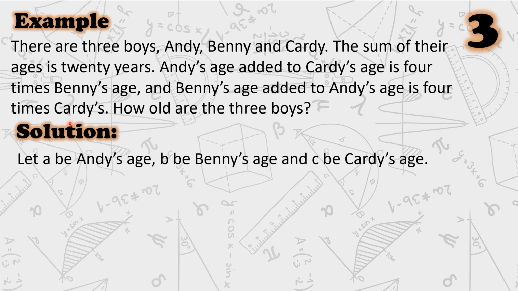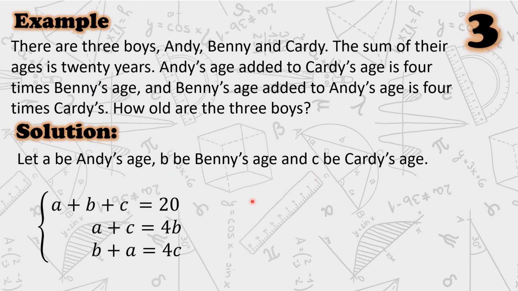For our representation, let A be Andy's age, B be Benny's age, and C be Cardi's age. Hence, we can form the 3 equations from the statements in the problem. Since the sum of their ages is 20, then we have A plus B plus C equals 20.